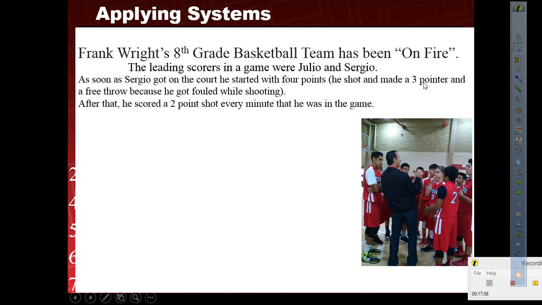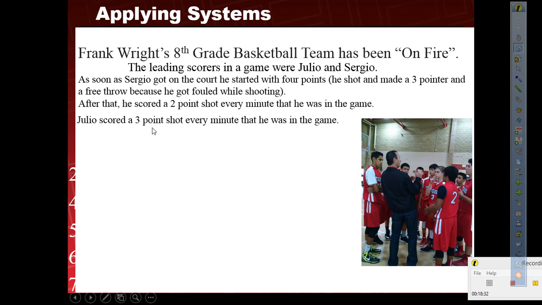Because he shot a 3-pointer and he got fouled, so he shot a free throw and he made the free throw. So not even 2 seconds had passed. They just threw him the ball, he went boom, 3-pointer, got fouled, made the free throw. That's 4 points. After that, he scored a 2-pointer every minute that he was in the game.